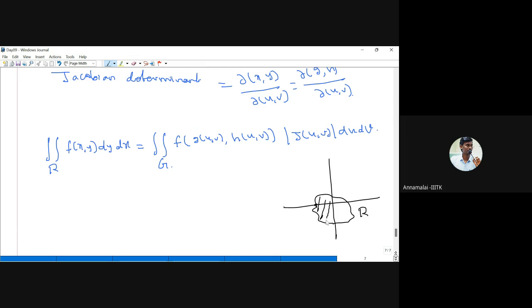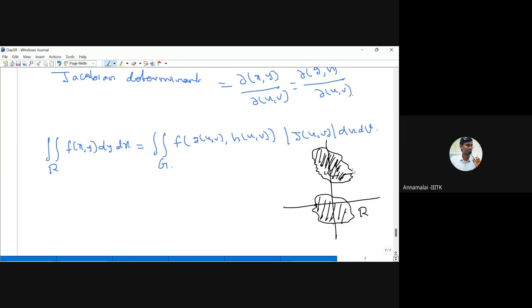Finding the area is the same as, suppose you are shifting this region somewhere else, the same picture, but the position is changed. So finding the area of this is the same as finding the area of this, because both have the same picture, same area. The only thing is the position is changing.